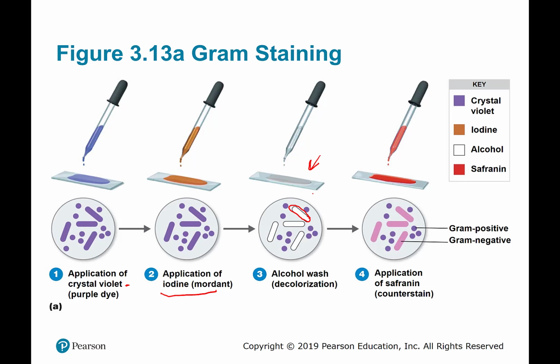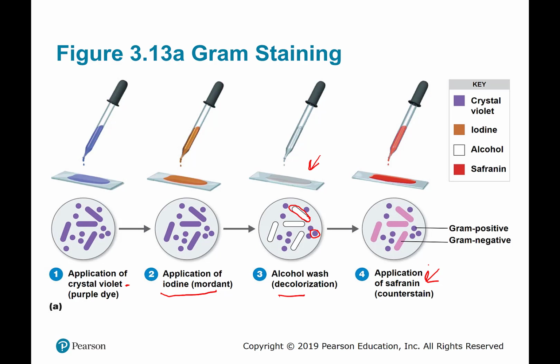Whereas with the Gram-positive organisms, these are the spheres here. Gram-positive organisms have a thick cell wall, and the alcohol dehydrates that thick cell wall, essentially permanently trapping that crystal violet iodine complex within the cytoplasm. So the crystal violet iodine complex does not rinse out, and after this stage, they are going to appear purple. Now, the final stage of the Gram stain is to apply safranin.